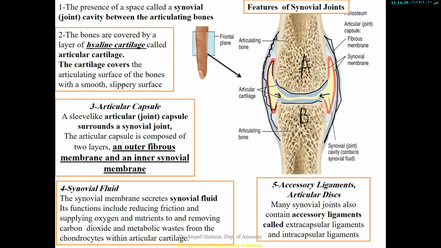So the capsule of any synovial joint has two parts: the outer, tough and fibrous to protect, and the inner, which is synovial. Why do we need the synovial membrane?